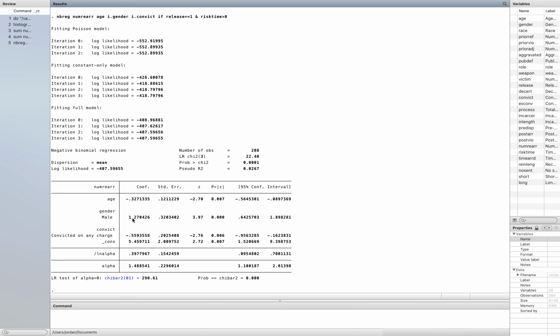I'll say that again. The expected log counts for males are 1.27 units higher than the expected log counts for females. But practically speaking, because it's a positive coefficient, males are more likely to be rearrested than females.